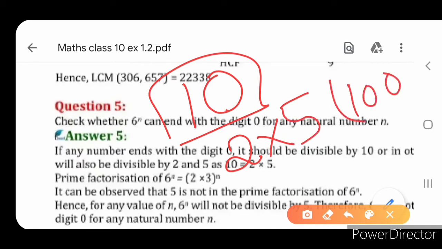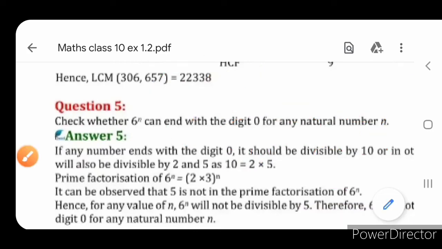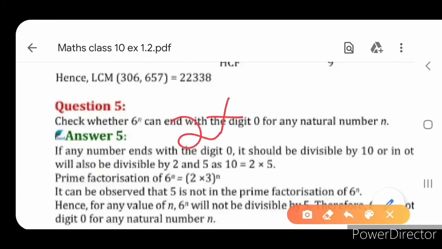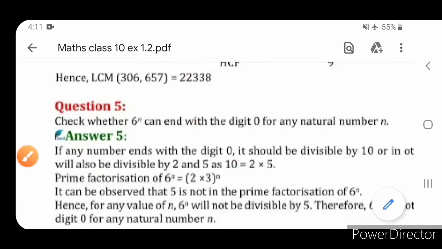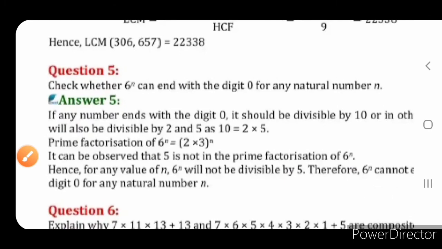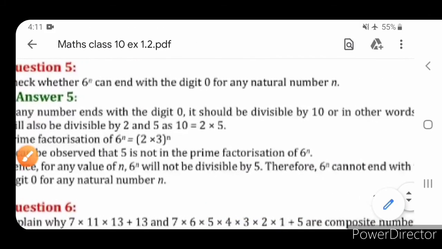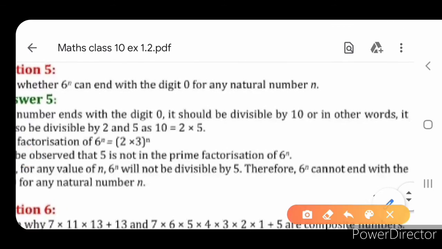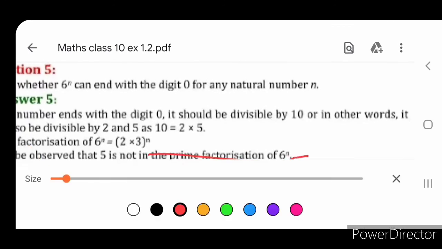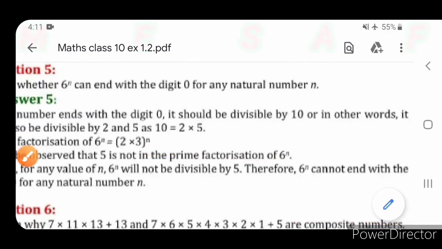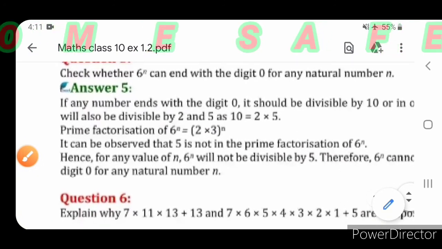100 can also be divided by 2 and 5. Okay. 50, 30. Any number which ends with 0 can be divided by 2 and 5 both. It is very compulsory. So if any number ends with the digit 0, it should be divisible by 10, or in other words, it will also be divisible by 2 and 5.